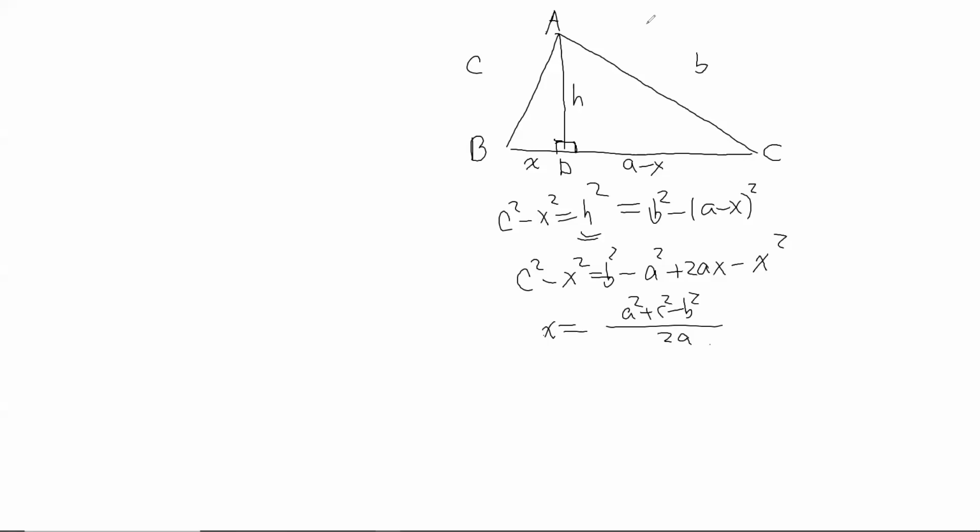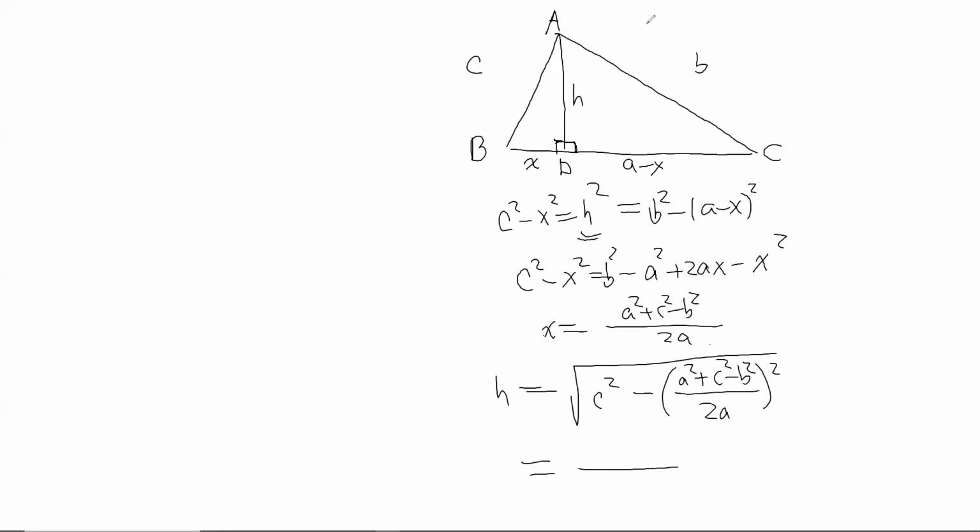So therefore you get x, and this gives you h equal to the square root of c squared minus x squared. Now x squared is this quantity. You all see this step? Okay, so then let's rationalize the denominator here.